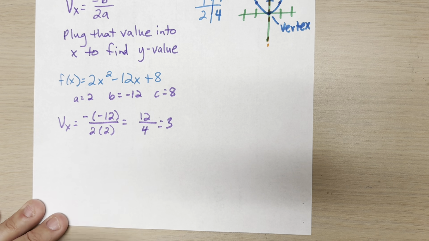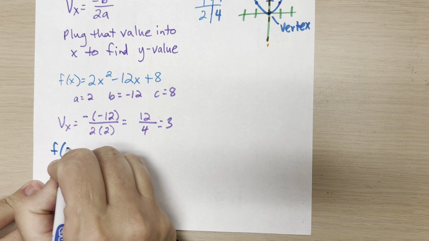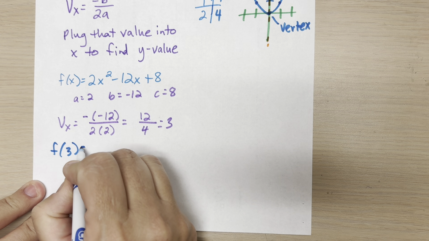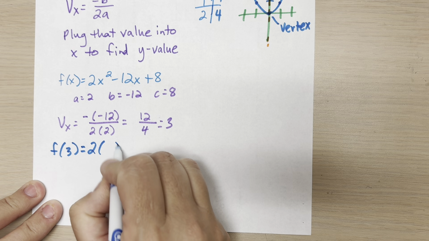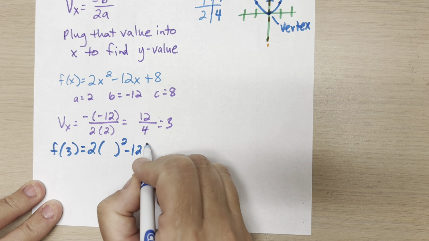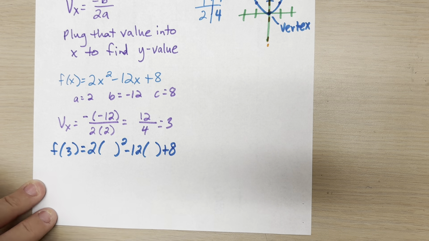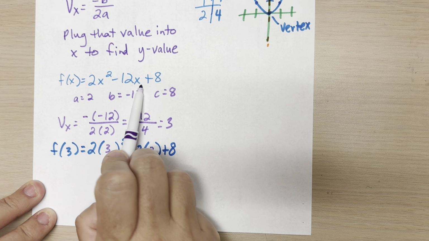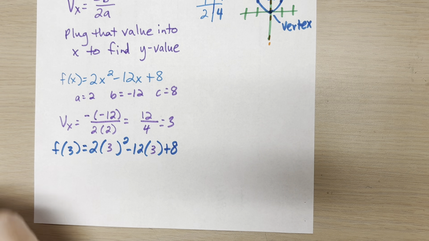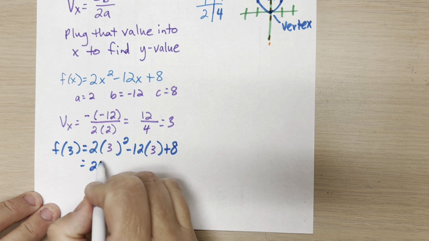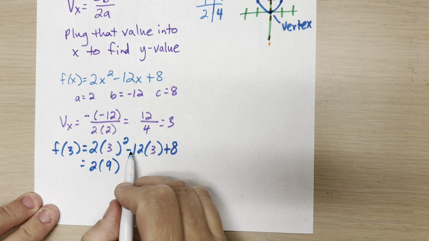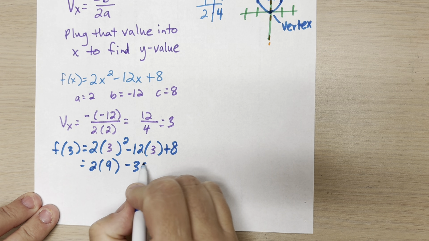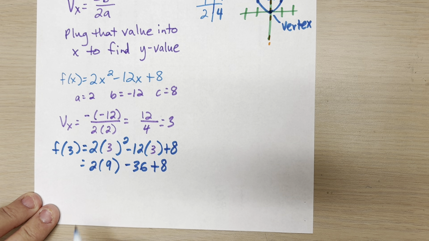Now we're going to go back to the f of x function rule to figure out f of 3. We're just going to replace all of the x's with 3. Okay, so next we have 2 times 9. -12 times 3 is -36, and 8 is at the end.